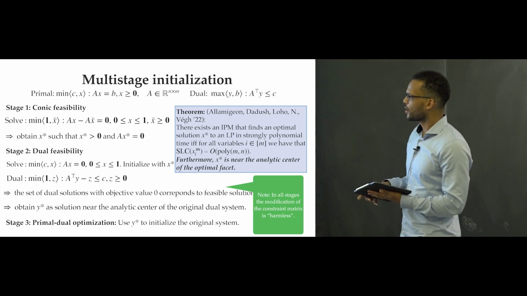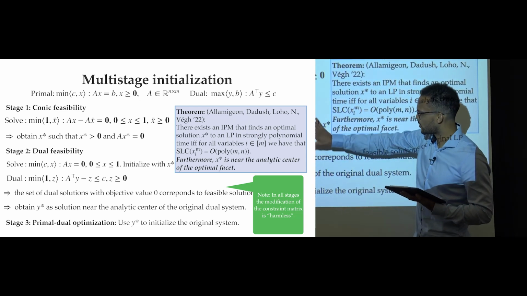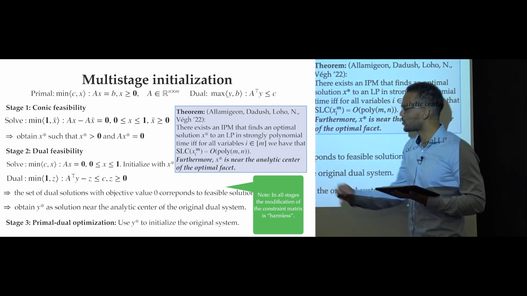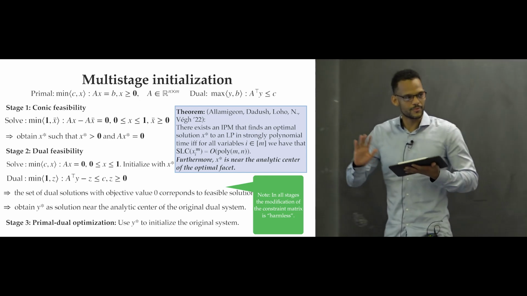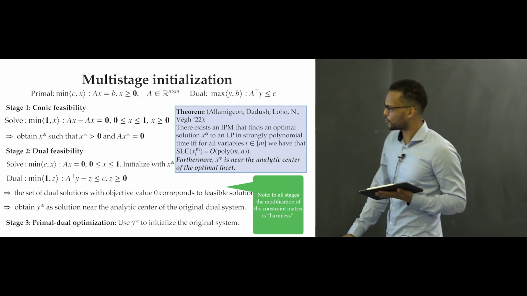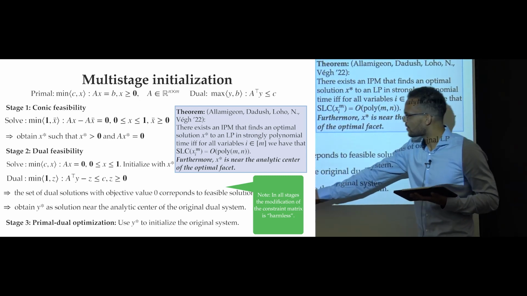So let me call it Y star, the analytic center of the dual feasible region, and I use this to solve the actual primal dual problem that I wanted to solve to begin with, and run the interior point method initialized with Y star.